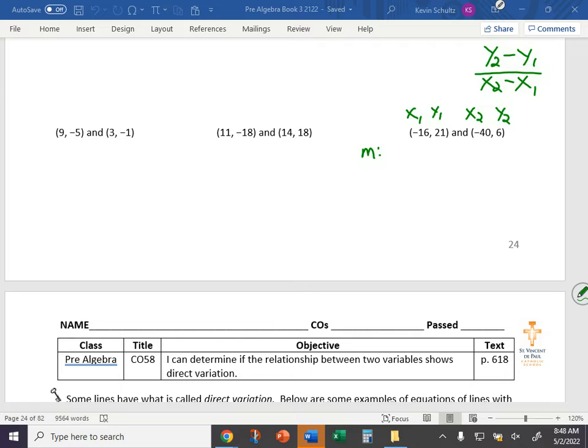Okay? Make a mistake, you can always fix it. Down here. Okay? Find the slope of that third one. y2 minus y1 over x2 minus x1.